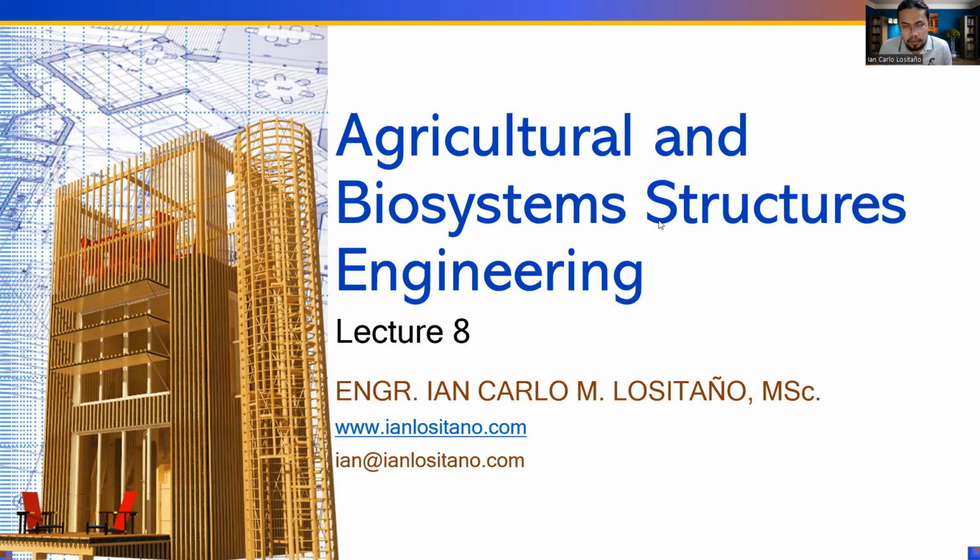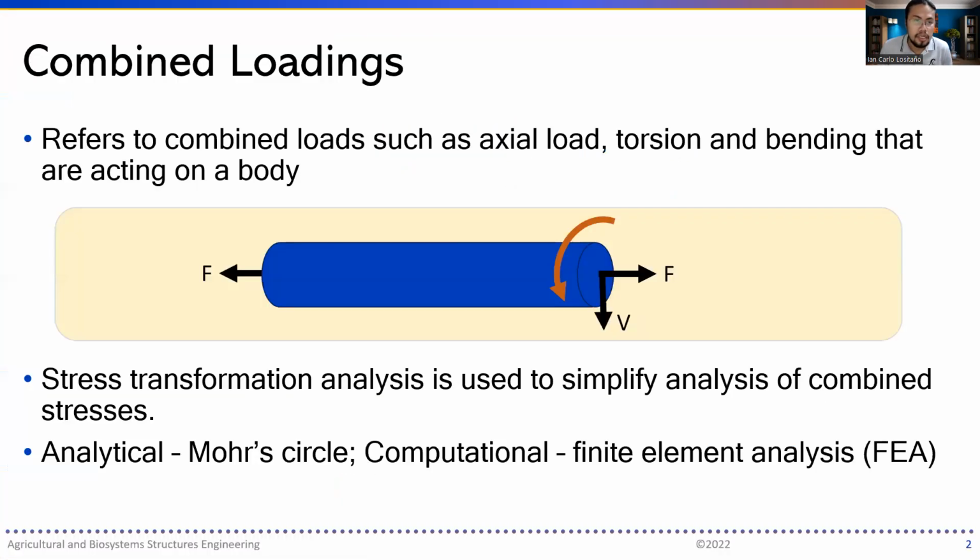In the previous discussion, the focus was on thin-walled pressure vessels, because that's a very classic example of a structure that encounters loads along its axis and along its dimensions: circumferential or hoop stress, and then the longitudinal stresses.